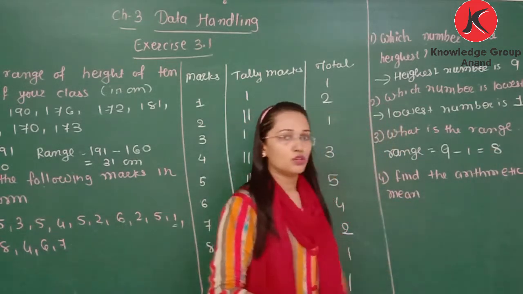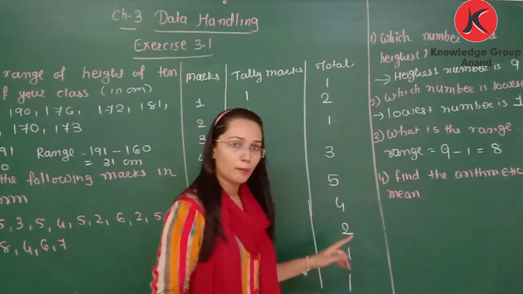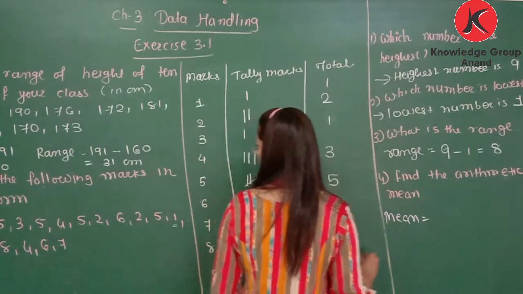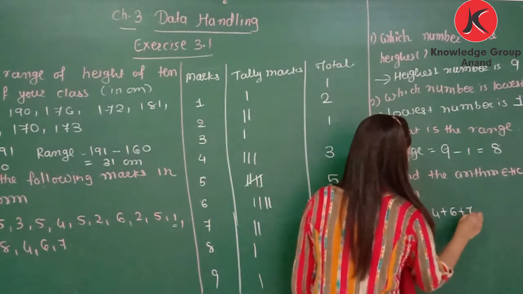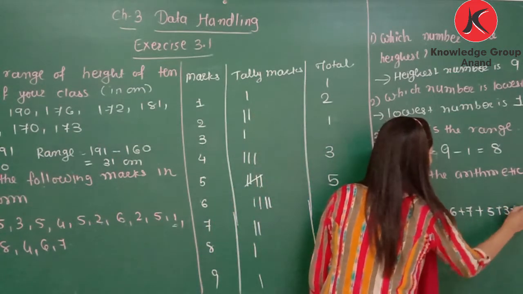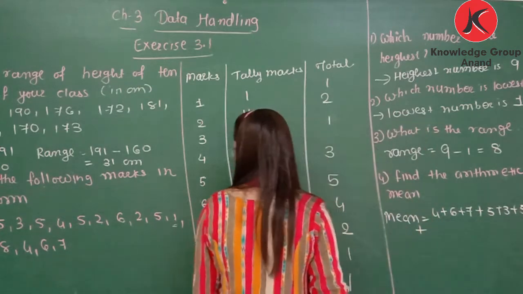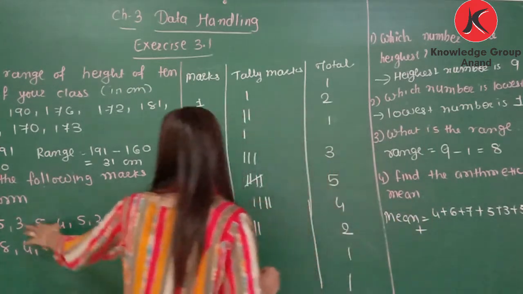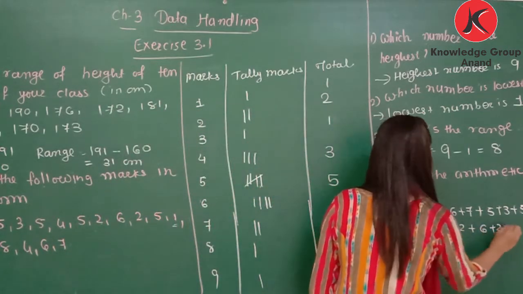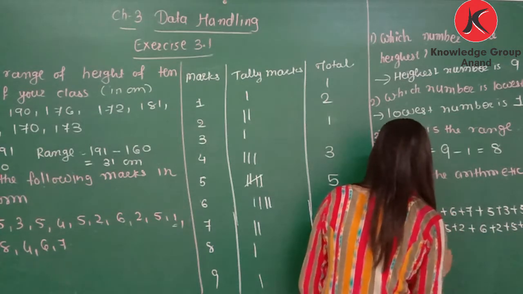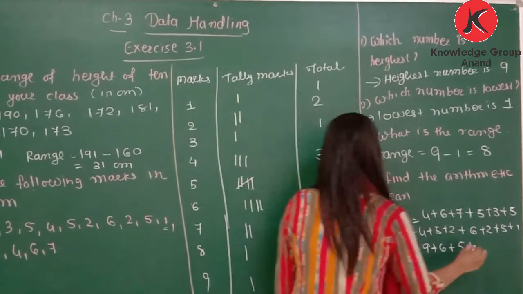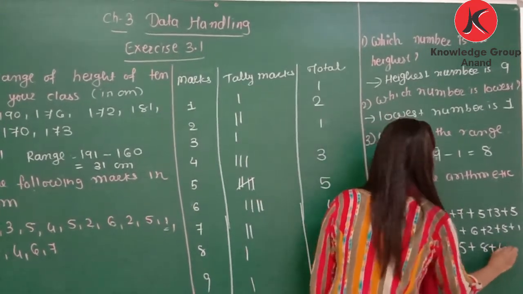Find the arithmetic mean. For arithmetic mean we need to add the numbers and divide by the total number. So let's add the numbers: 4 plus 6 plus 7 plus 5 plus 3 plus 5 plus 5 plus 3 plus 5 plus 4 plus 5 plus 2 plus 6 plus 2 plus 5 plus 1 plus 9 plus 6 plus 5 plus 8 plus 4 plus 6 plus 7.